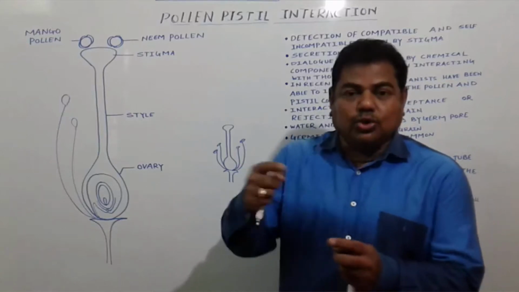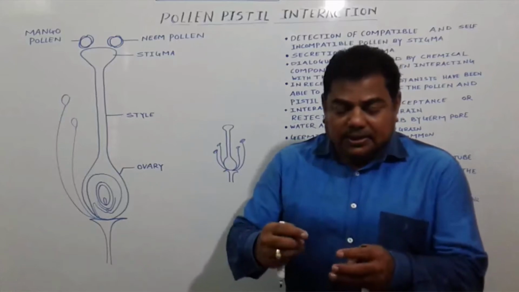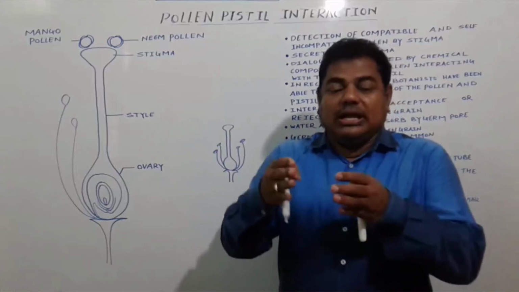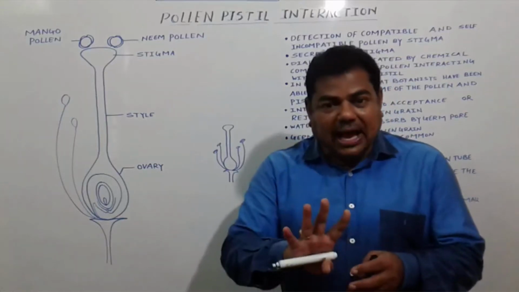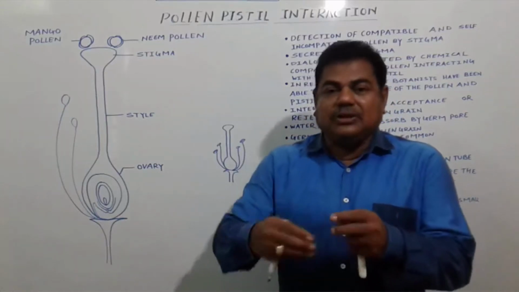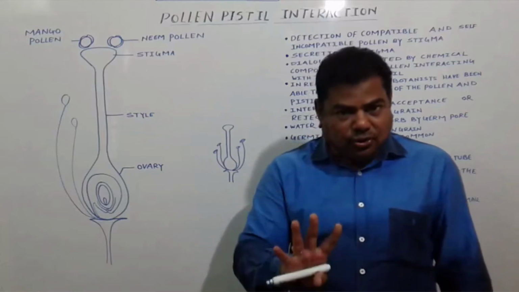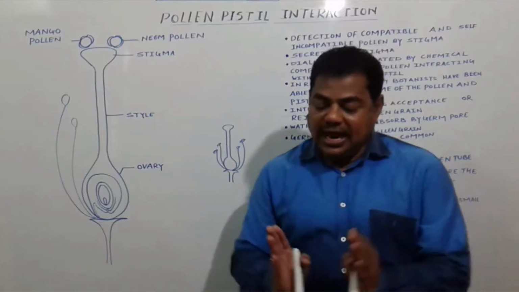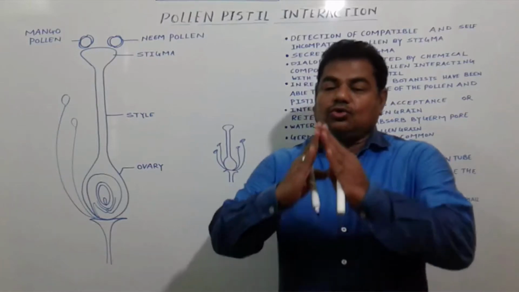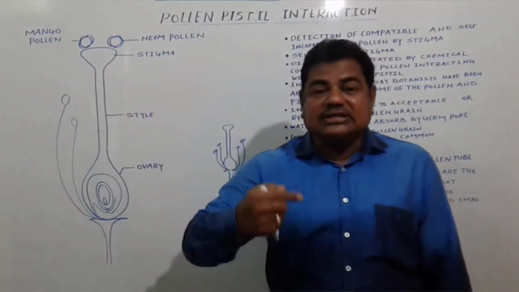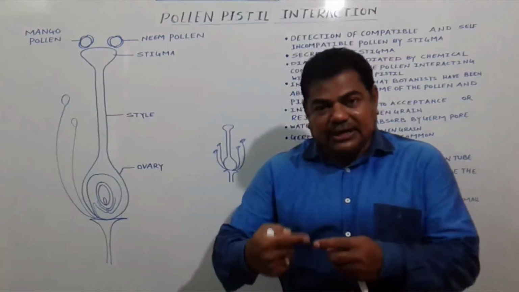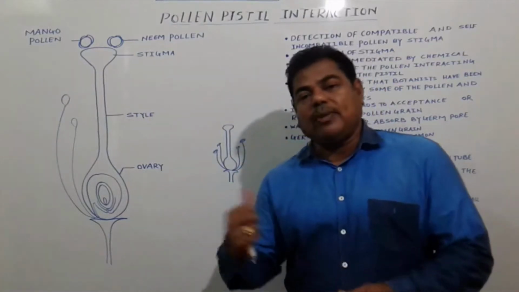It is made up of four leaves, that is four carpels, tetracarpellary, and these four carpels fuse to form one structure, the style. We call it syncarpous, tetracarpellary syncarpous in case of tomato.